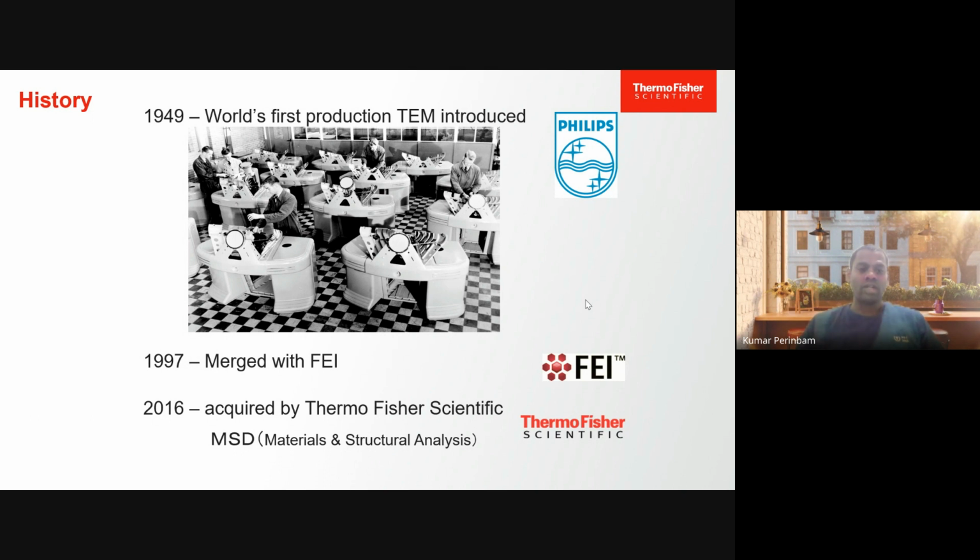In 1997, FEI took over from Philips, who had started out building the electron microscope, and in 2016, Thermo Fisher acquired it. It's around the same time that the resolution revolution happened. I will explain a bit later what happened in 2017.